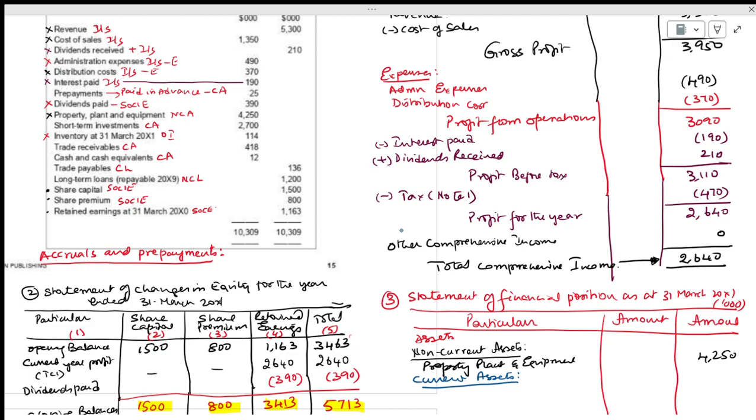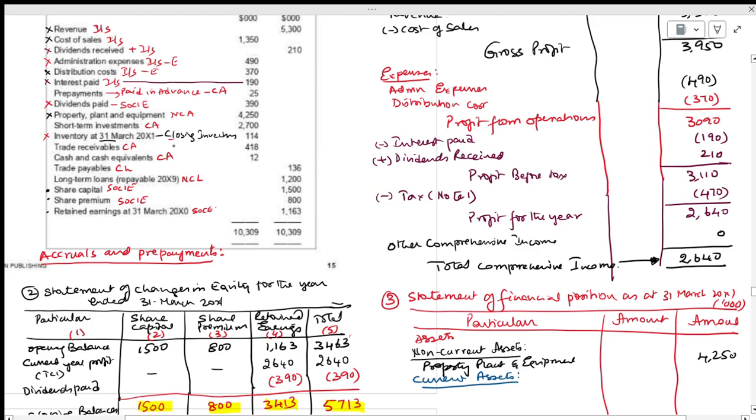No, wait, see the things. 31st March 2001. Sorry, we have taken it as opening inventory. This is not opening inventory. We have not observed this. This 31st March is the closing inventory. Why is it closing inventory?